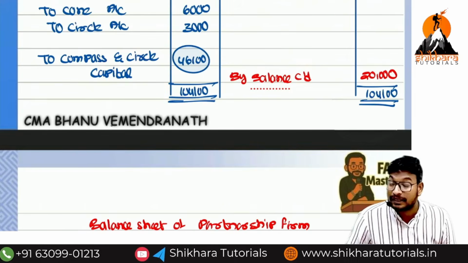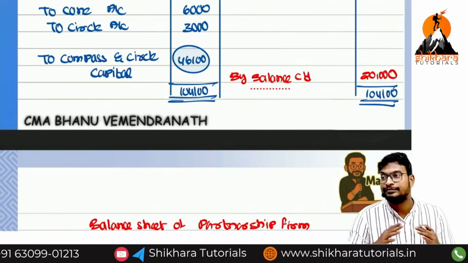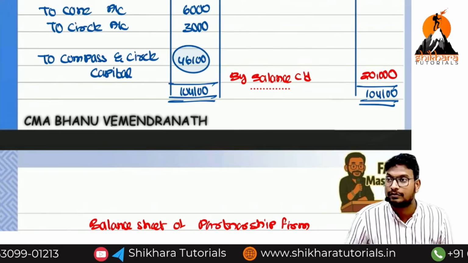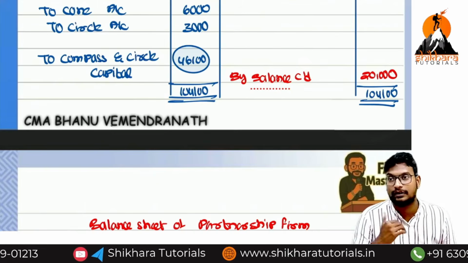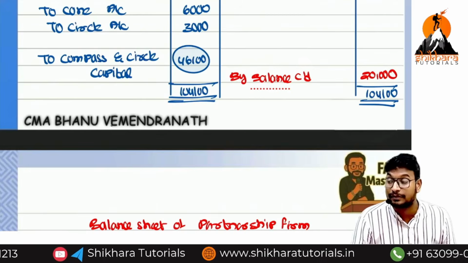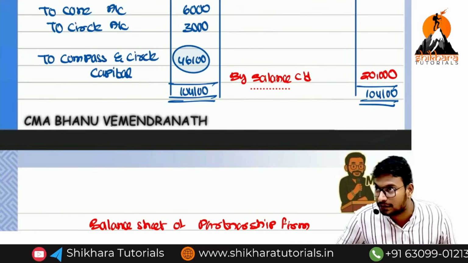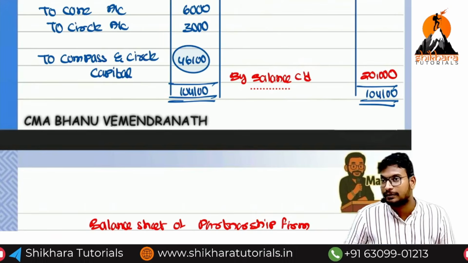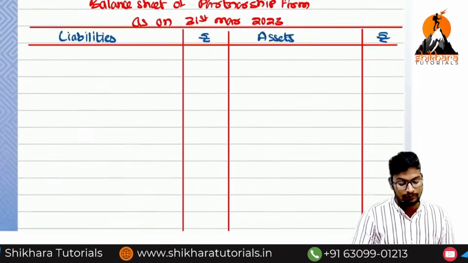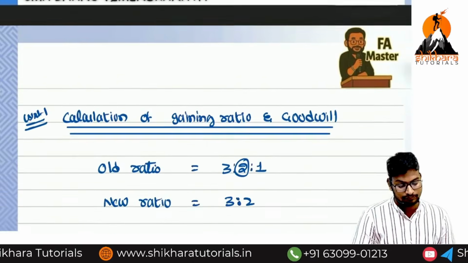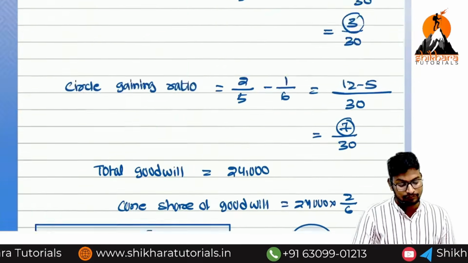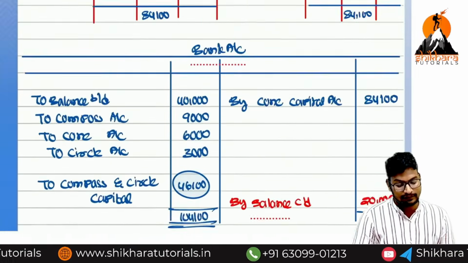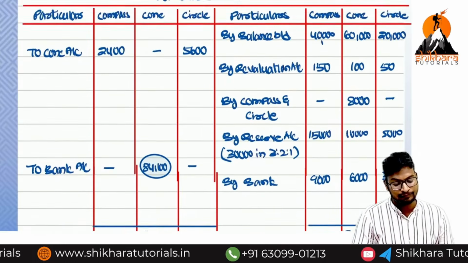This closing balance of capital needs to be apportioned, and it should be in the proportion of the new profit sharing ratio. Are you getting the point or not? Now, please identify the closing balance by seeing the partners' capital account.